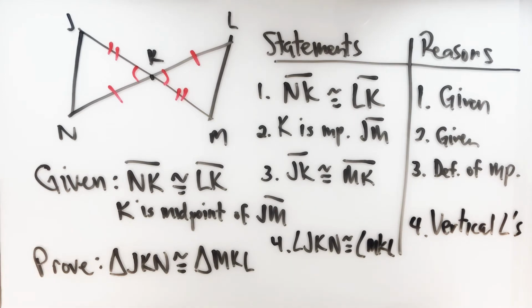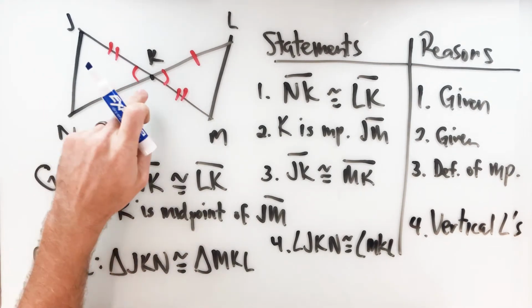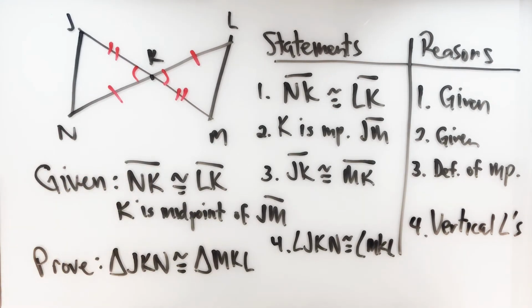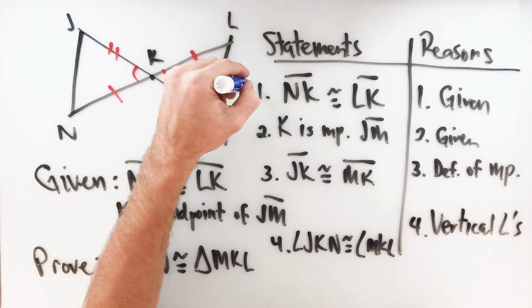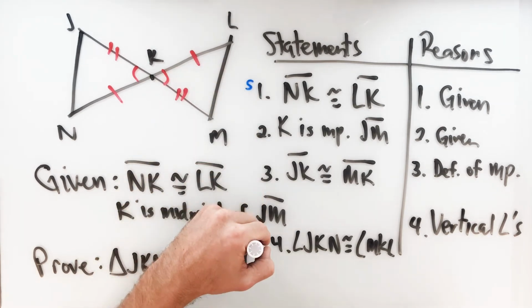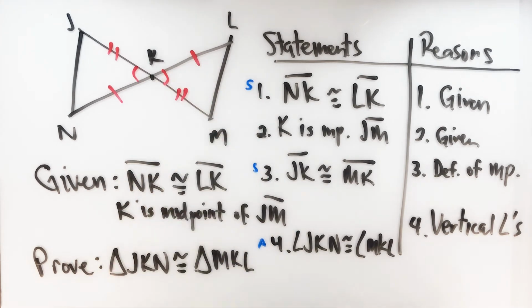All right. So based on our postulate, side angle side, you can see the angle is included in between the two sides. Here is a side, there is the angle, there is the side. So we've got enough information stated. Last step on a proof, what are we trying to prove? Have we done enough? Sure have.